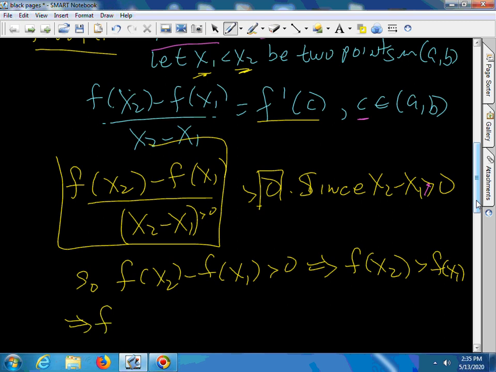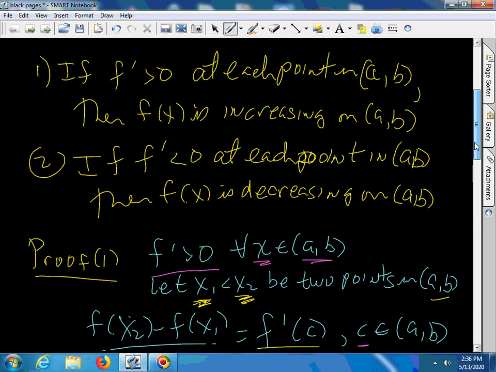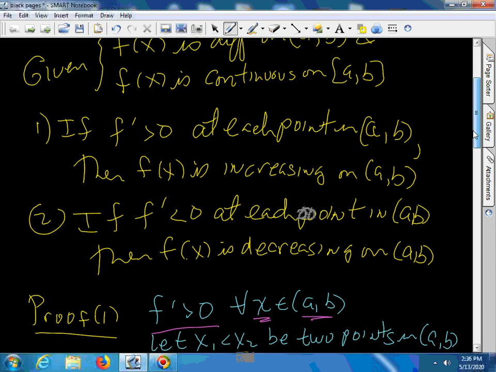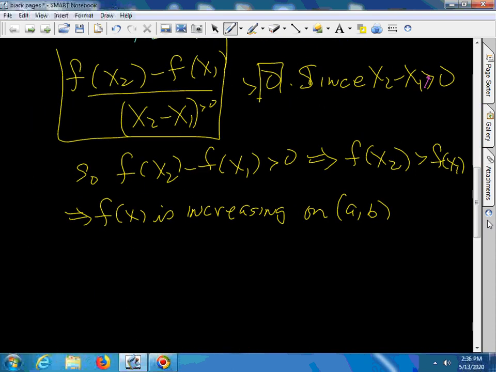That implies that f of x is increasing, because x1 and x2 are any 2 points in the interval. f of x is increasing on AB. So that completes the proof of 1.